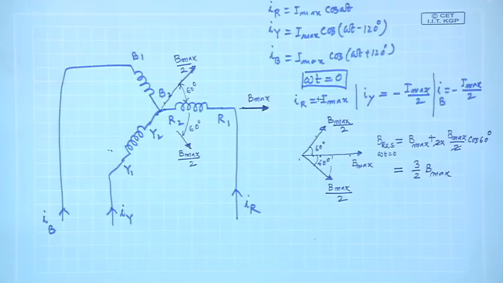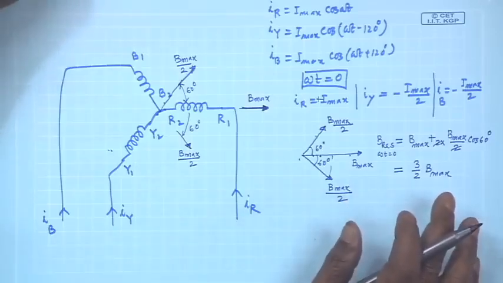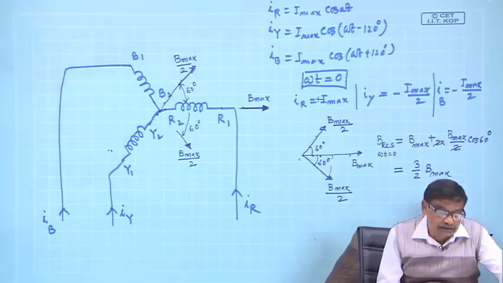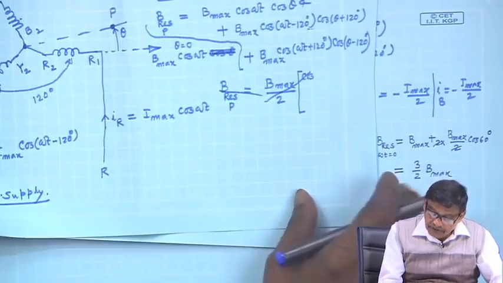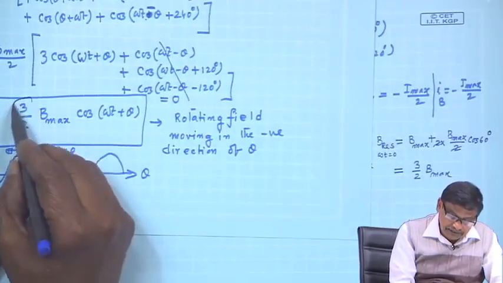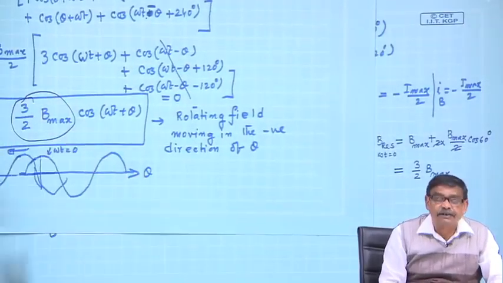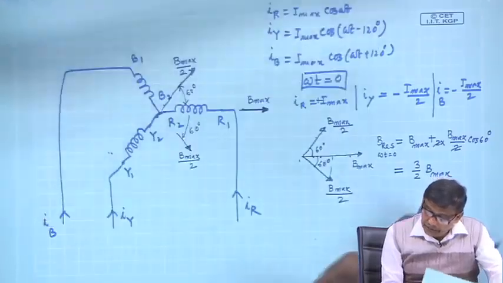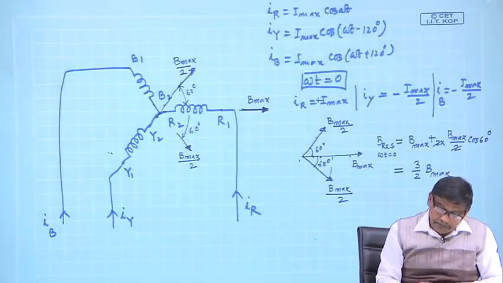Resultant field, no matter at what time you are calculating, it must become 3 by 2 B max. That is what we have found out earlier. 3 by 2 B max is the amplitude of the rotating field.